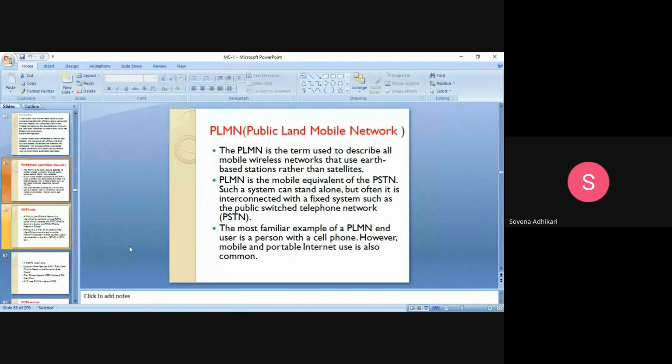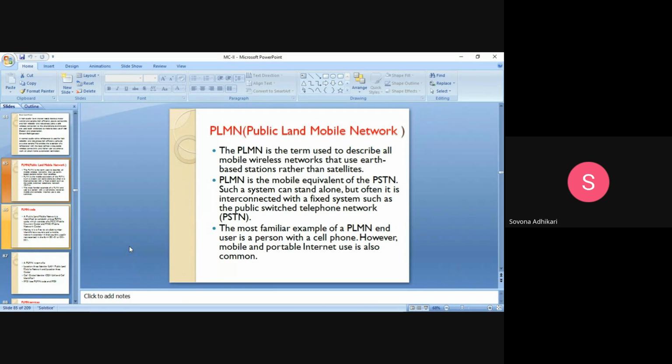The Public Land Mobile Network is the term used to describe all mobile wireless networks that use earth-based stations rather than satellites. PLMN is the mobile equivalent of PSTN, the Public Switched Telephone Network.